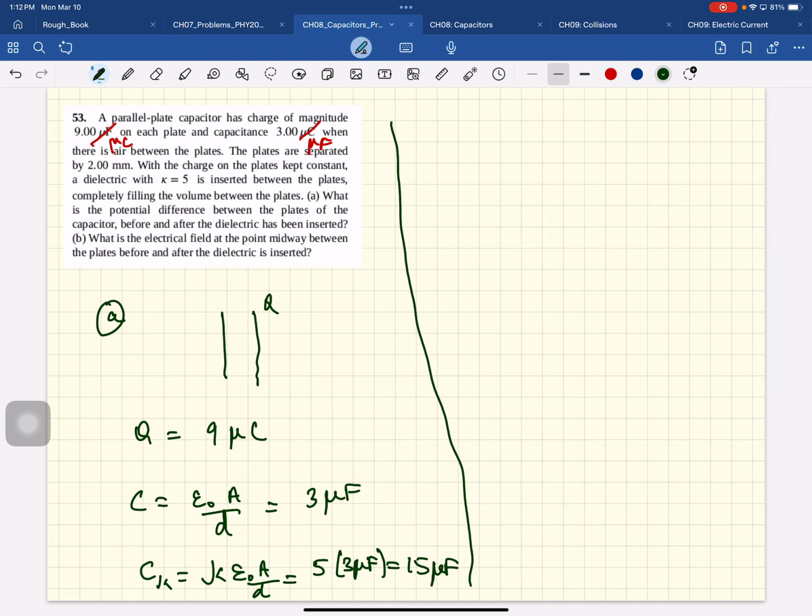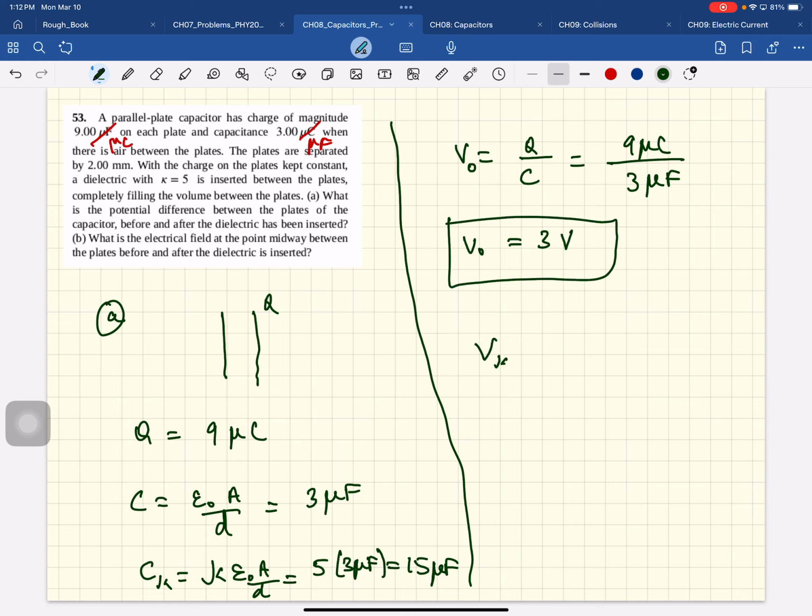All right, so the potential is Q over C. We'll write V0 with air present, which is Q, 9 microcoulombs, divided by 3 microfarads. Coulombs divided by farads is volts, so this is 3 volts. So this is with air present.